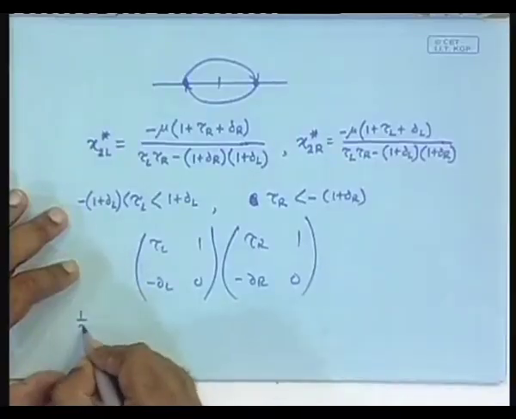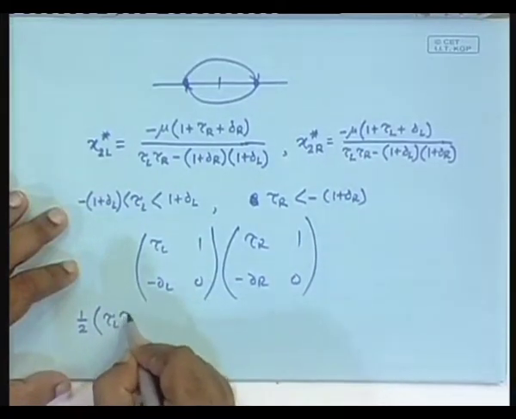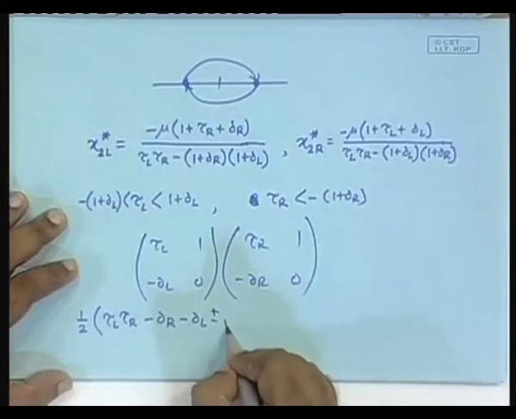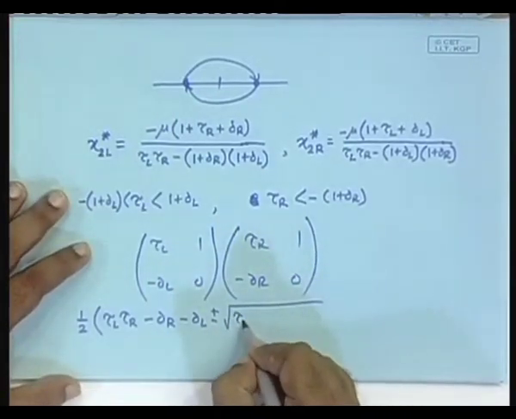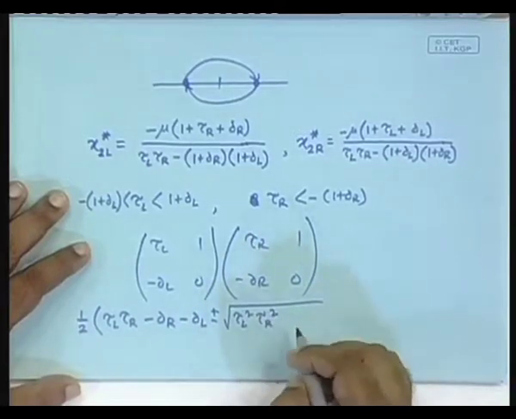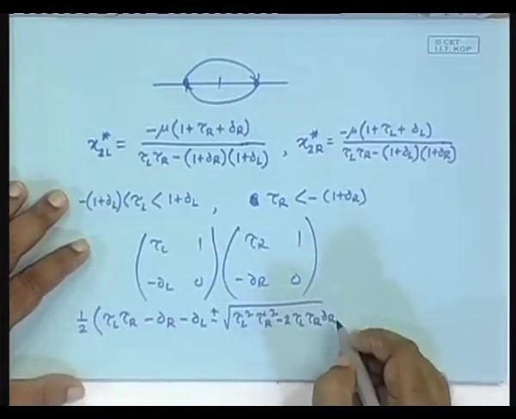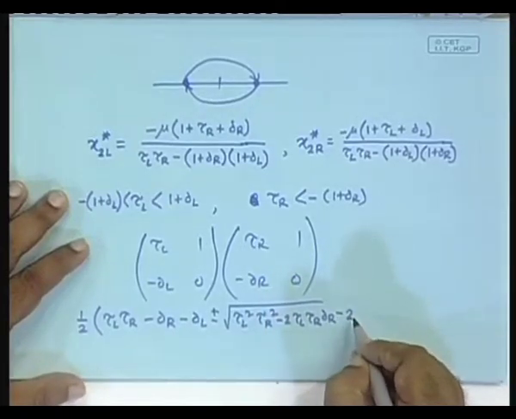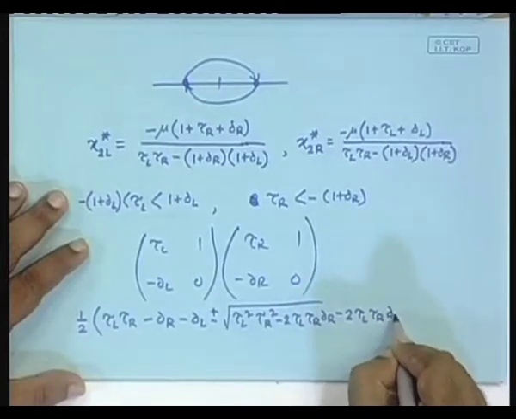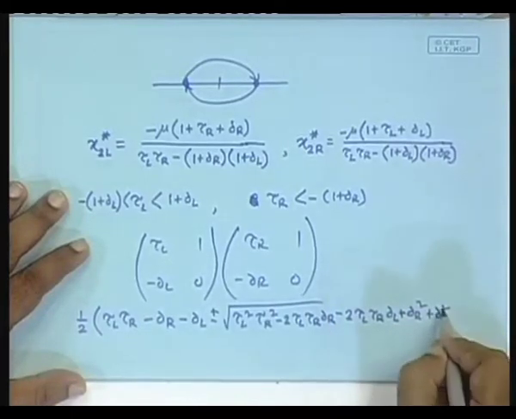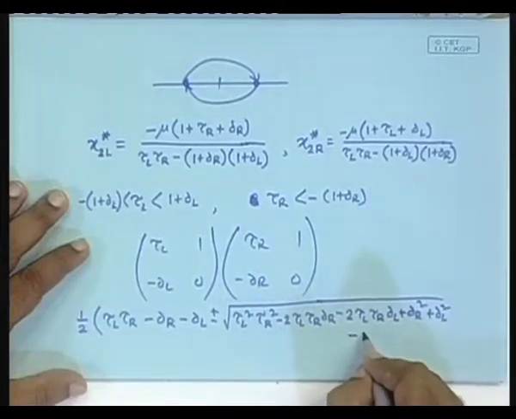let me again not trouble you with the nitty-gritty details. The eigenvalues of the second iterate are half tau L tau R minus delta R minus delta L plus minus root over tau L square tau R square minus twice tau L tau R delta R minus twice tau L tau R delta L plus delta R square plus delta L square minus twice.